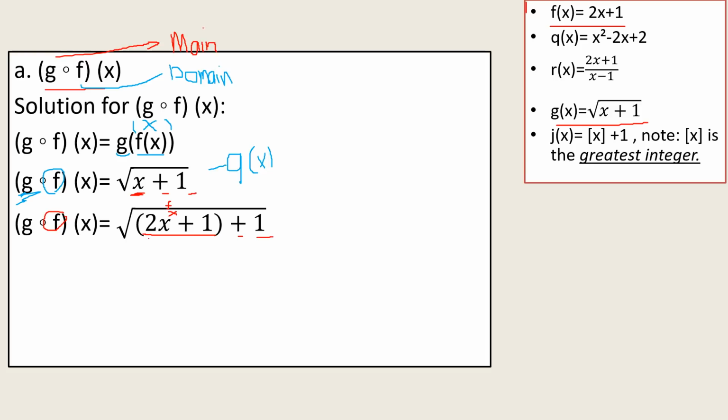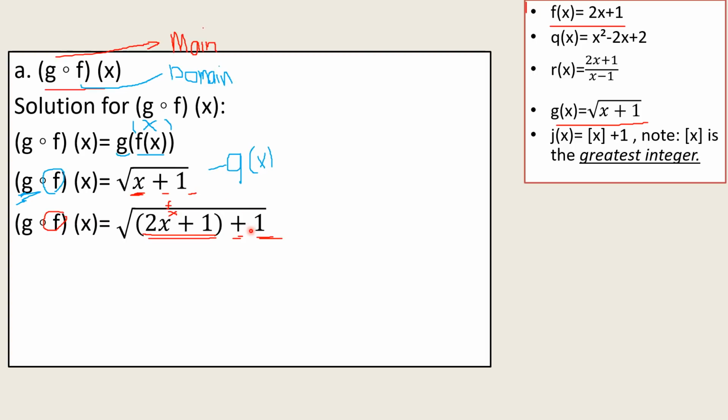Ulitin ko lang, that this is x plus 1. Okay? So, yung x ni g, kasi ito yung g, tama? Ito yung buong g. Yung x ni g, napalitan siya ng 2x plus 1, which is the value of function f. Okay? Tapos, plus 1.